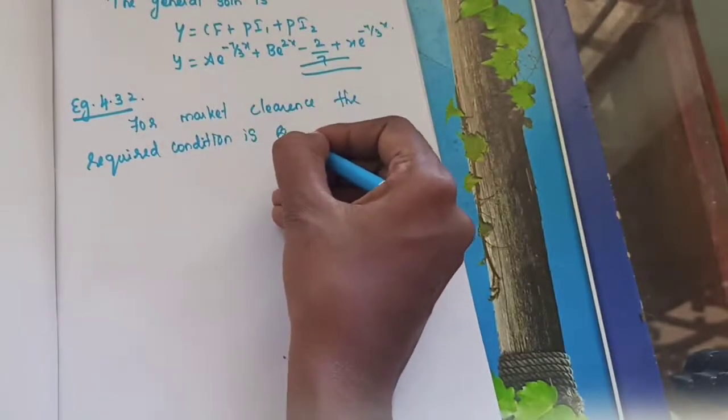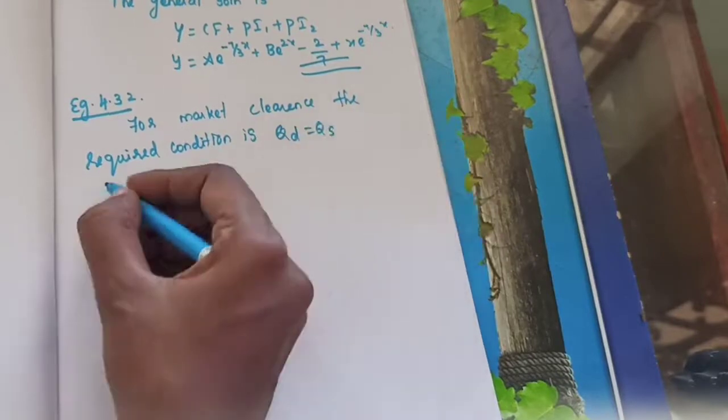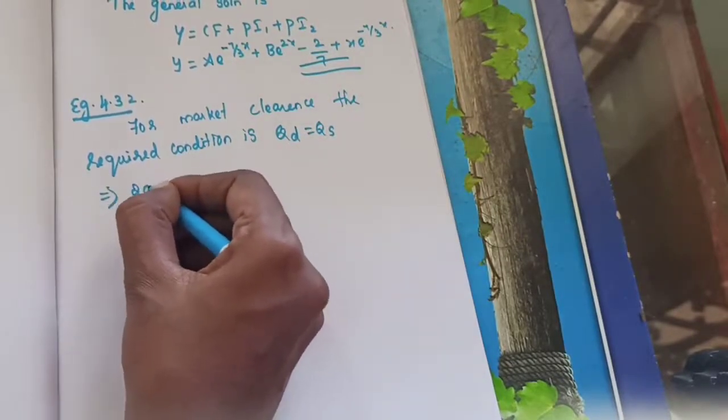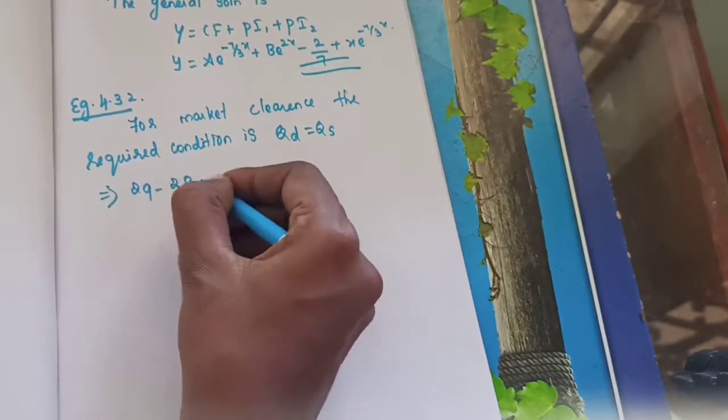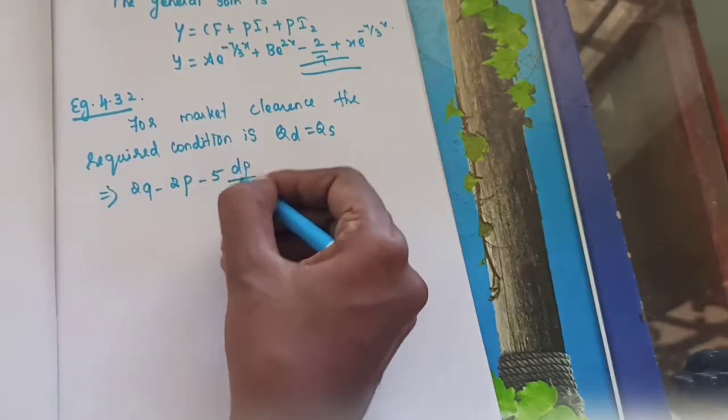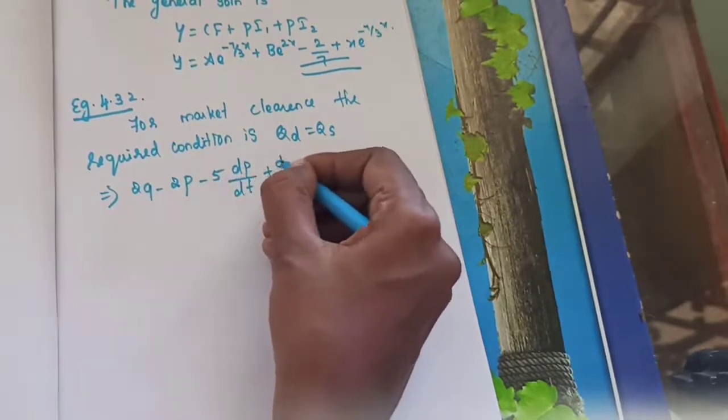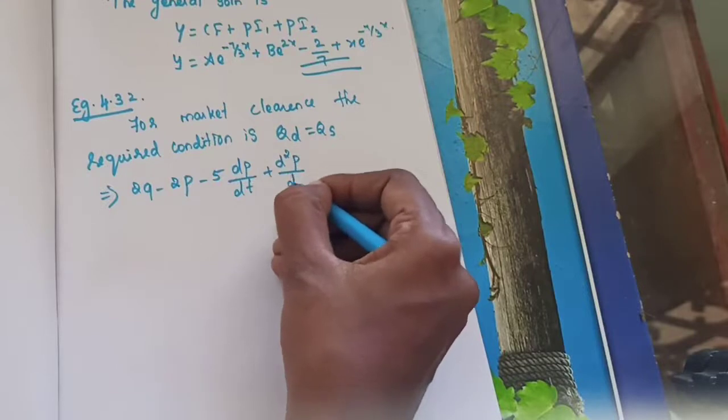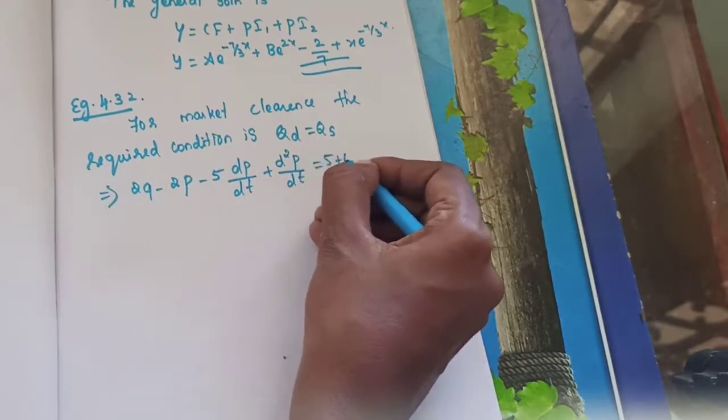At equilibrium, QD equals QS. So what will happen? 29 minus 2p minus 5 into dp by dt plus d square p by dt square equals 5 plus 4p.